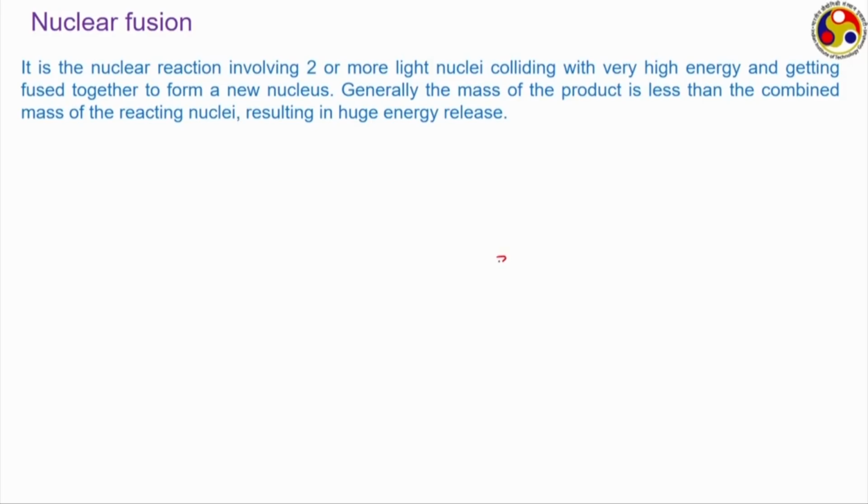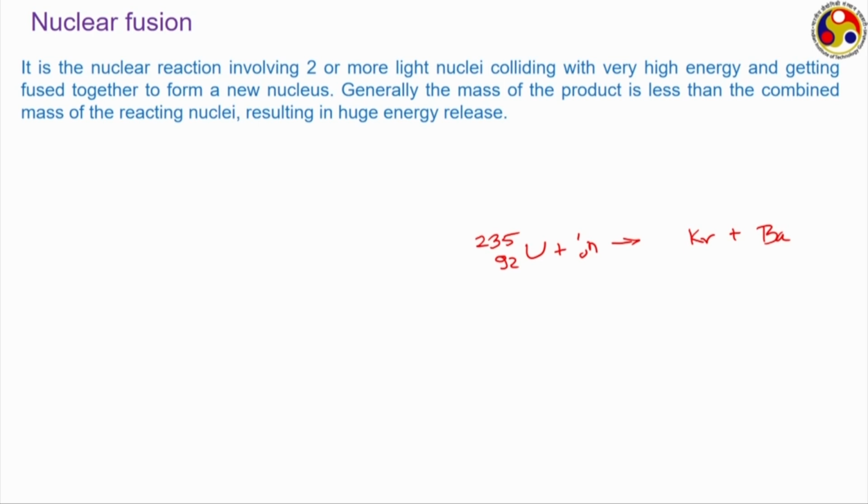Quite similar to fission. In case of fission, we have a common fission reaction, we can write something like this: 92U235 plus 1 neutron, and they will produce, there are several kinds of possibilities, but the most common isotopes we generally get are krypton and barium.